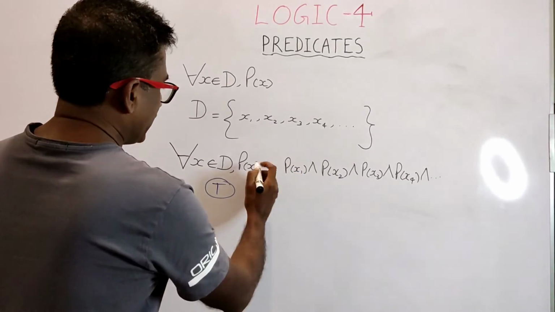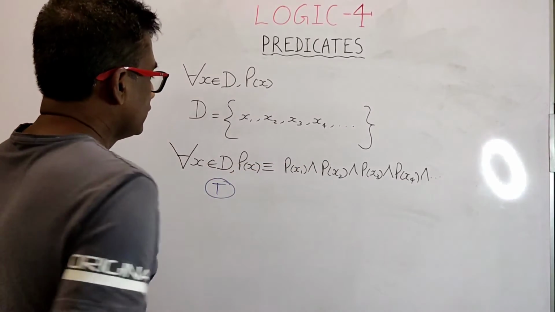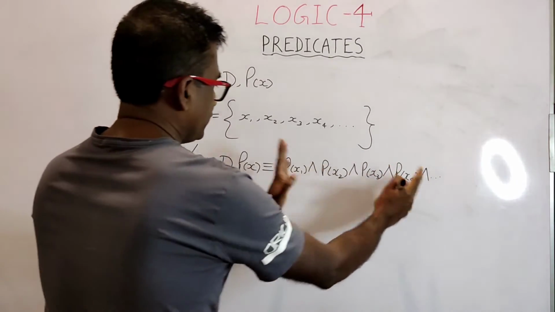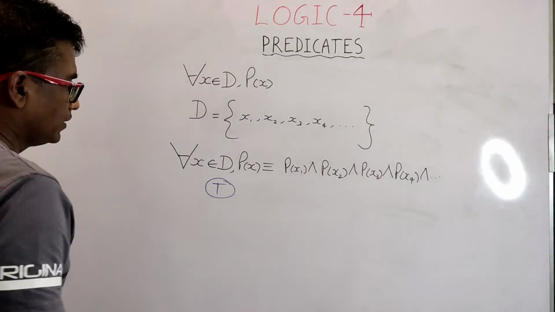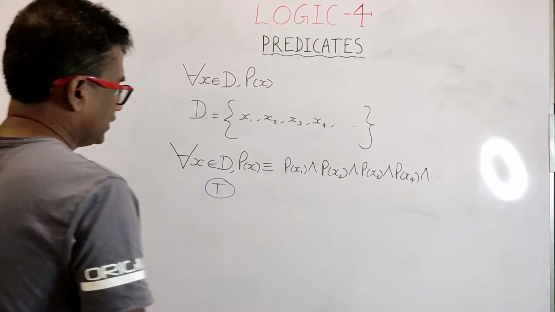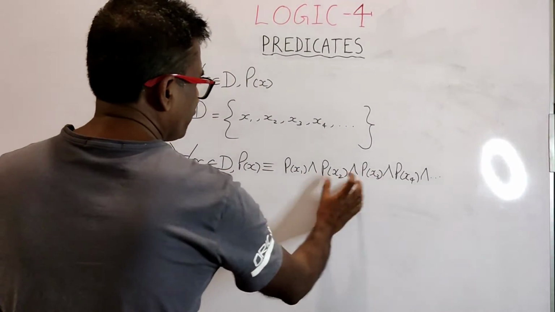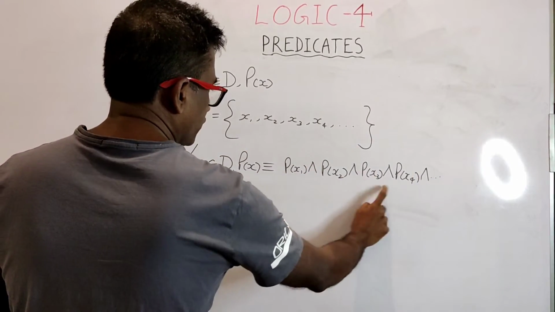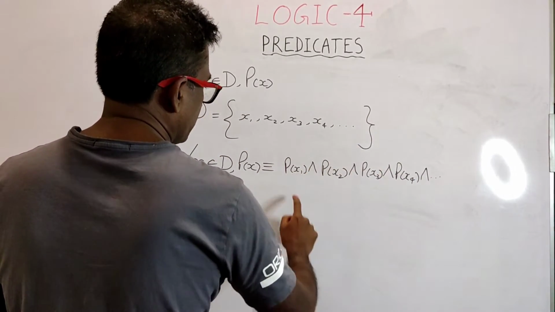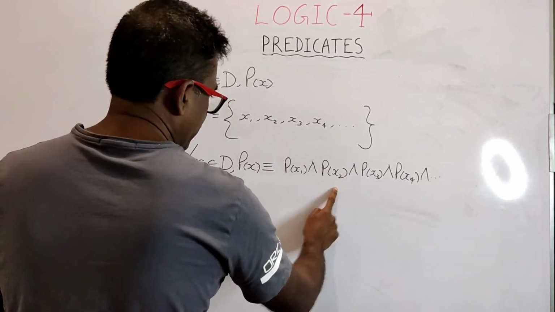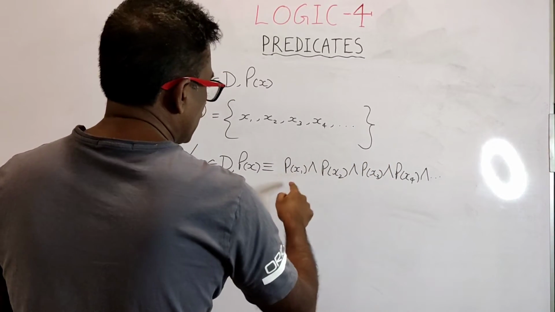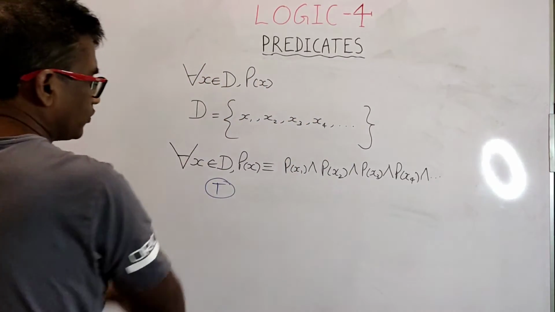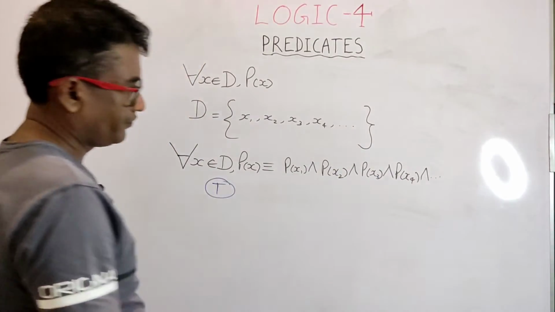So we can say that this is equivalent to this statement. For this to be true, all of this must be true. You know that for a conjunction to be true, all of its parts have to be true. That is why we have used the conjunction. P of x1 must be true, P of x2 must be true, P of x3 must be true. All the elements must have this property for this to be true.